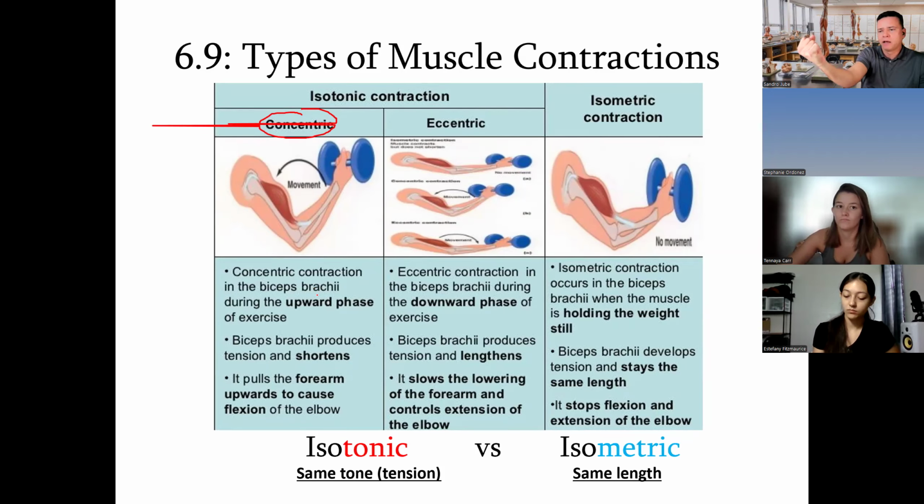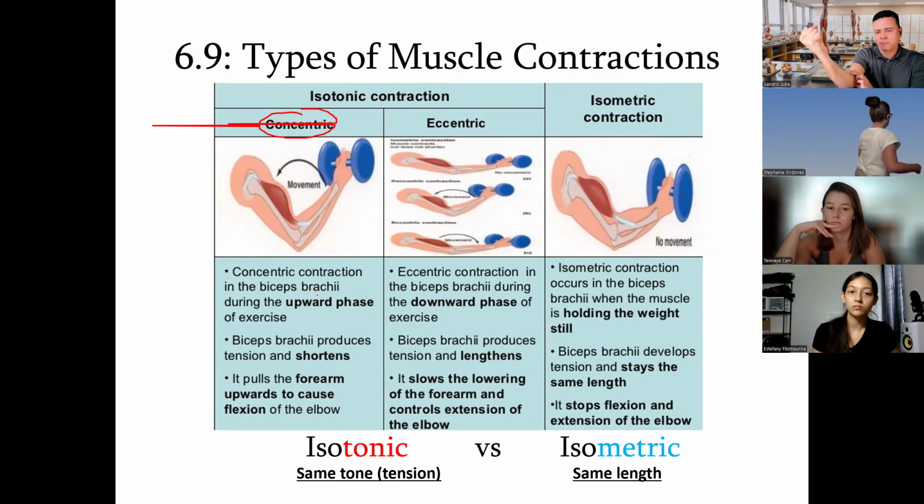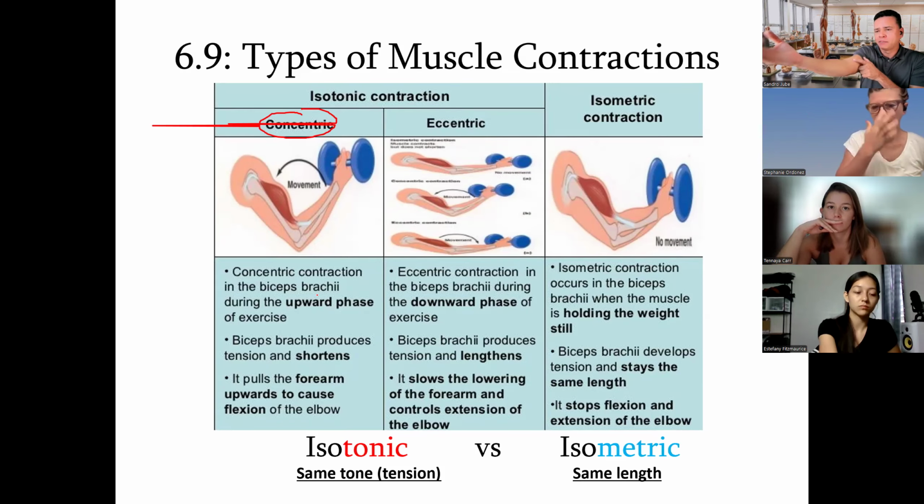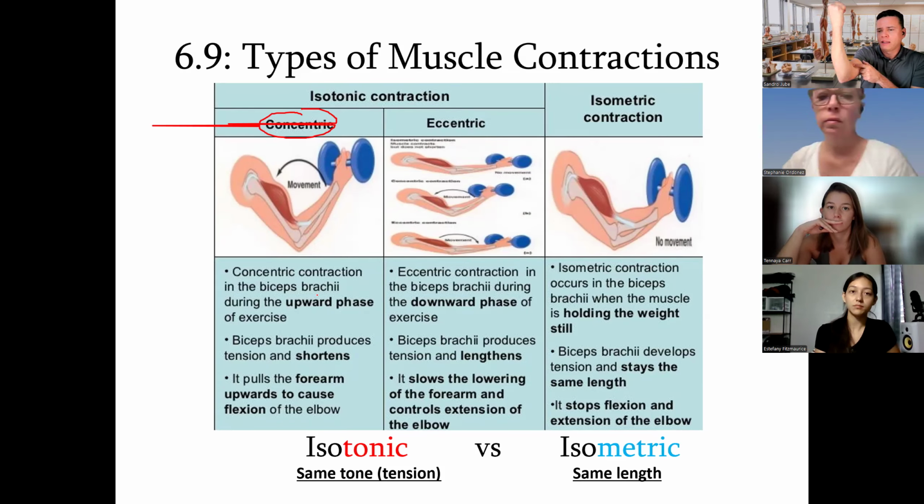All right, I have a dumbbell in my arm right here. When I bring the dumbbell up, do I need the tension? Do I have tension in my muscle, in my biceps? Absolutely. Now, what is happening to the length of my biceps as I bring the dumbbell up? Is it staying the same or is it changing, guys? It's changing.